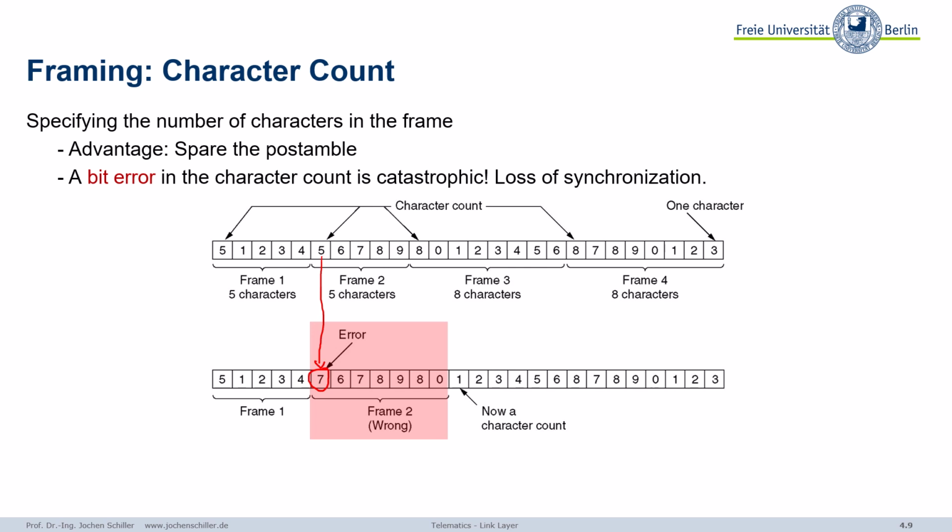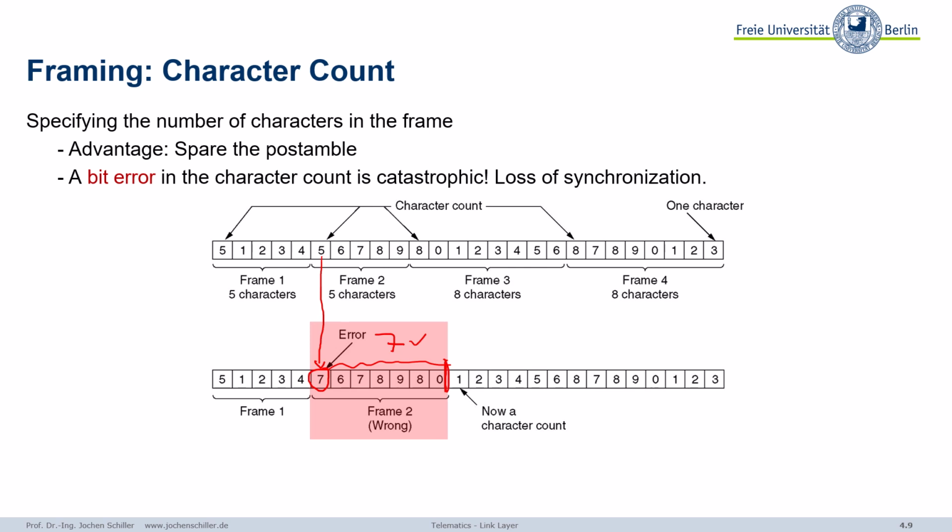The receiver does not know that there's an error in the transmission. So the receiver will assume 7 is correct, perfect, then I count, and now, okay, that's our frame number 2.